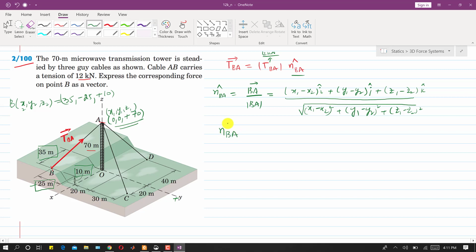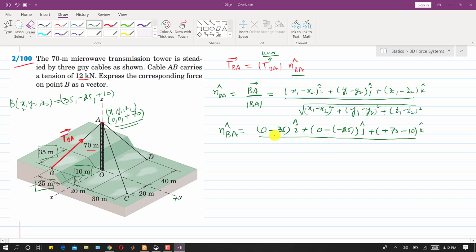So this unit vector will be equal to, x1 is how much? x1 is 0, so 0 minus 35 i plus y1 minus y2, so again y1 is 0, so 0 minus, and y2 is minus 25, and z1 is plus 70 minus 10 k, right?